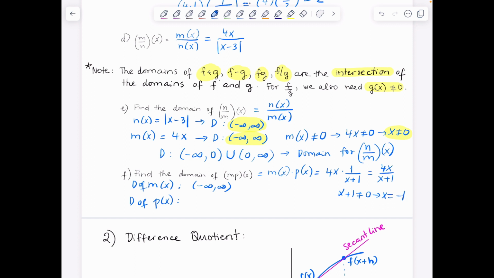So therefore, the domain for p of x is negative infinity to negative 1, union with negative 1 to infinity. Finding the intersection of these two domains, we should get the domain of the product of the two functions should be negative infinity to negative 1, union with negative 1 to infinity.